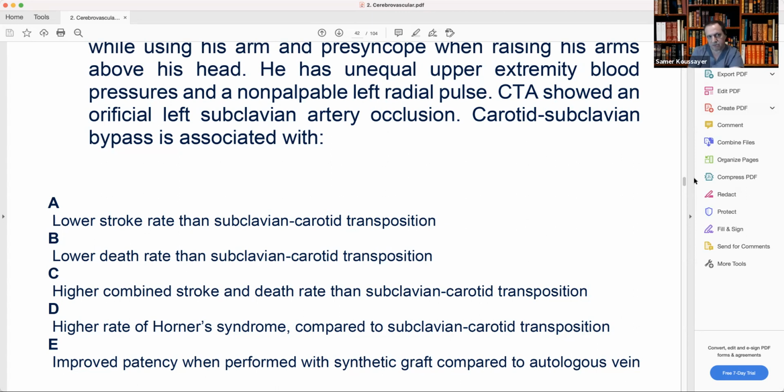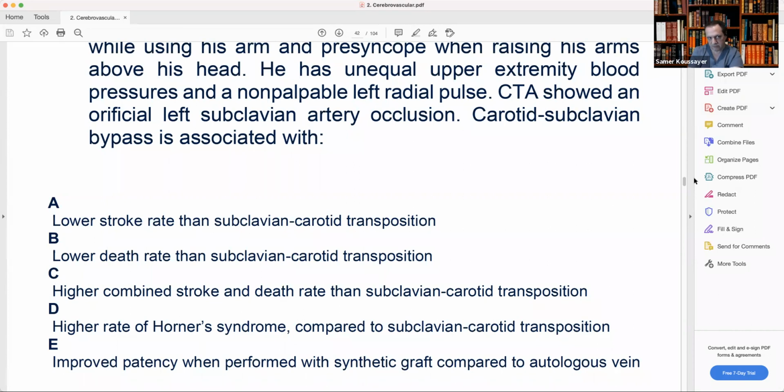The first problem is that you need to dissect really far down, very close to the origin of the subclavian, so you have enough stump to rotate it. We don't cut it and just put it, you rotate it, and to rotate it you need to fix the subclavian artery. We have the left internal mammary, and we have the vertebral.